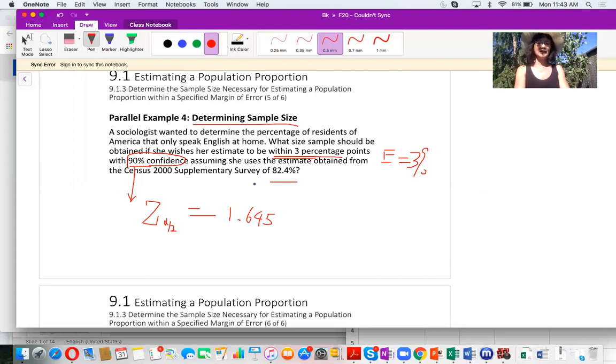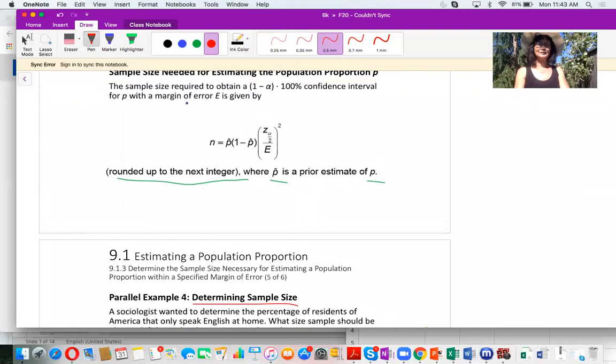And the question asks us to use P hat 82.4%. See, you have 3 items you know: margin of error E, Z half alpha, and P hat. Plug those 3 items into this formula.